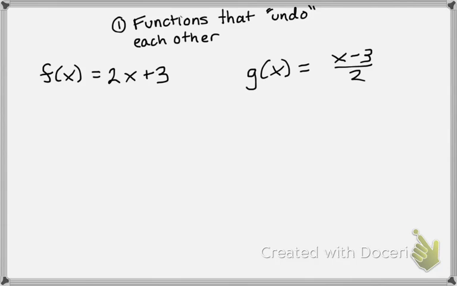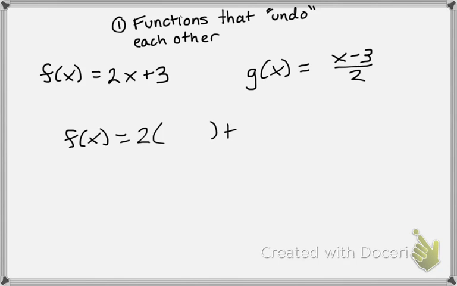Okay, so let's talk about what I meant when I said functions that undo each other. These two functions are inverses, and we'll talk about how to figure that out later. But to prove that they're inverses, let's show that they undo each other. Let's take g of x and substitute it into f of x.